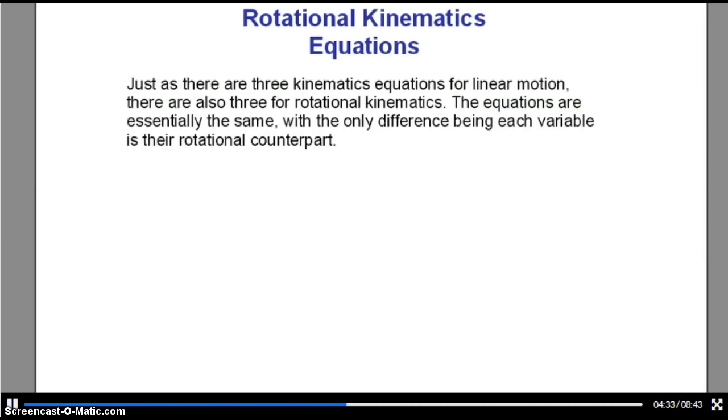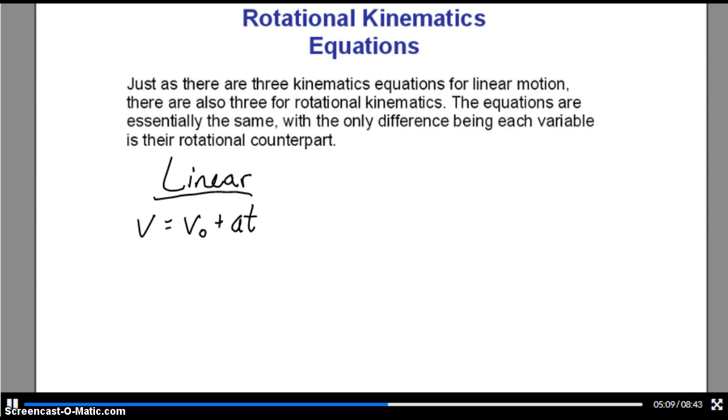If you remember on our AP equation sheet, we have 3 main kinematics equations for linear motion. Well, we have 3 main equations for rotational kinematics. They're pretty much exactly the same, except we're going to put rotational variables in there instead of the linear ones. Our linear equations: the first one was v is equal to initial velocity plus acceleration times time.